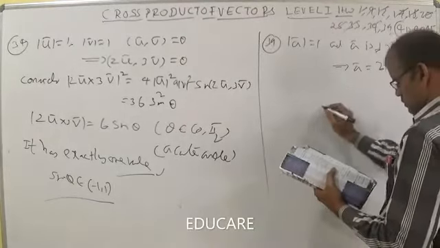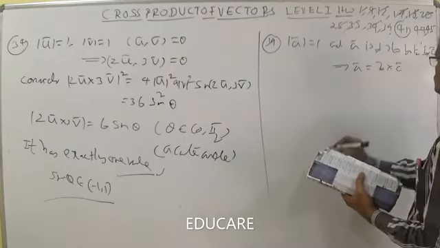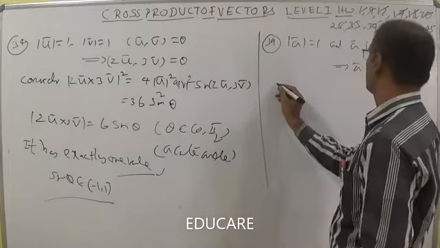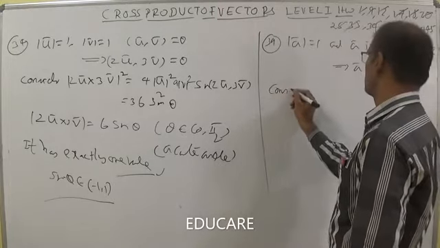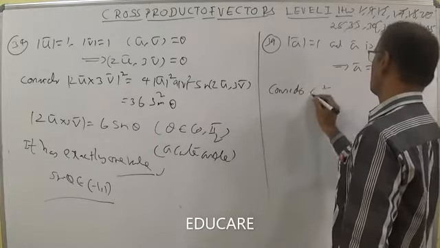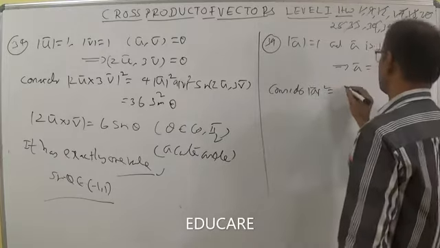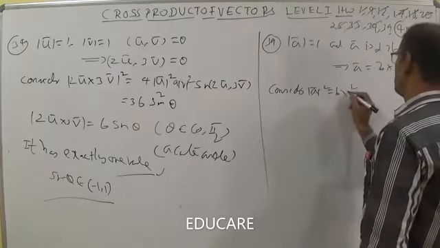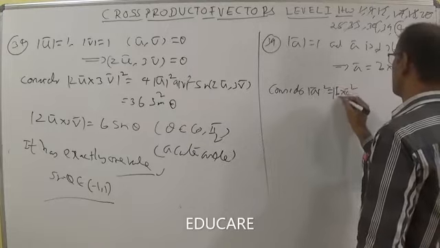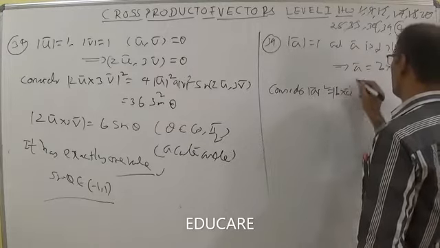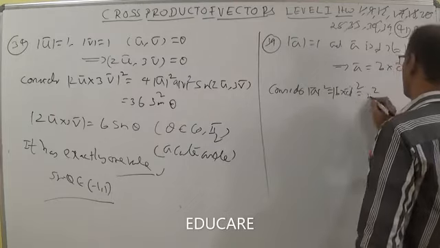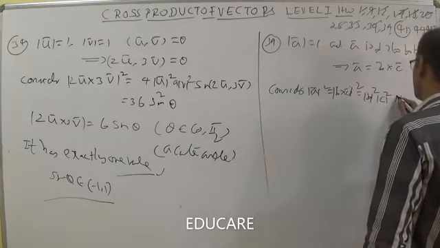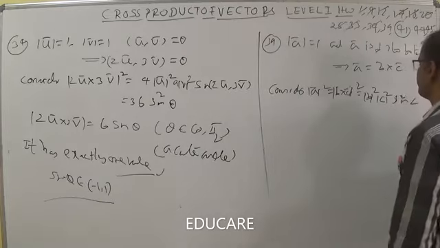So let us consider A bar whole square. Then you write B bar cross C bar whole square. What is the value of B bar cross C bar? Mod B square into mod C square into sin square alpha.